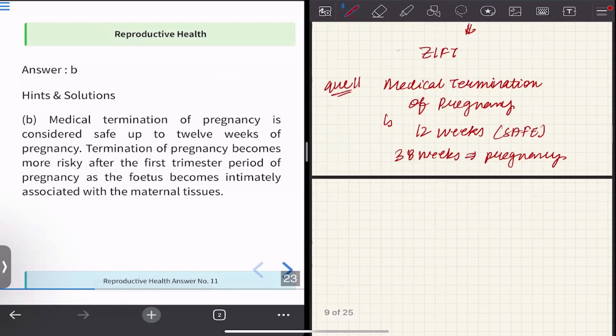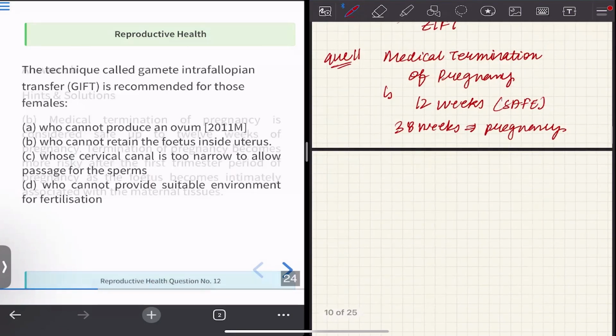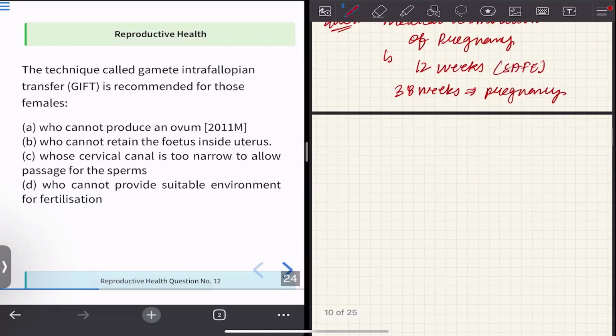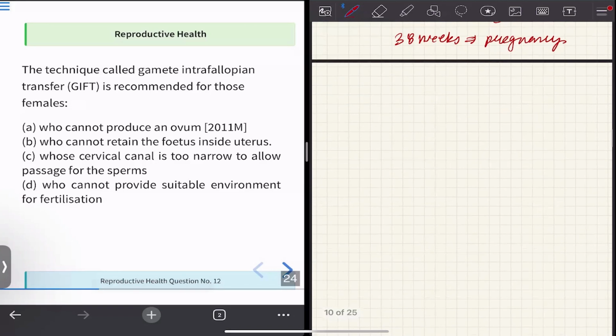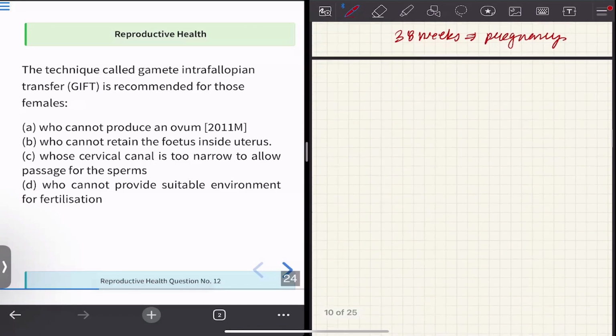Okay. Next, we have a technique called gamete intrafallopian transfer. So where is this gamete intrafallopian transfer recommended? This process usually takes place by inserting the gamete inside the uterus or fallopian tube of the women. So the fertilization is taking place in vivo. We'll be having the fetus inside the uterus only, and the environment is also proper.